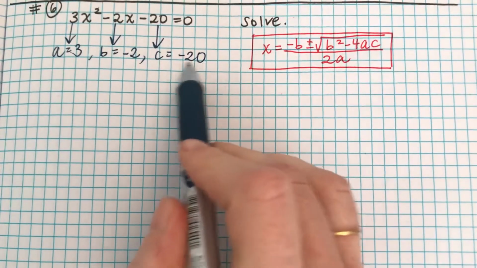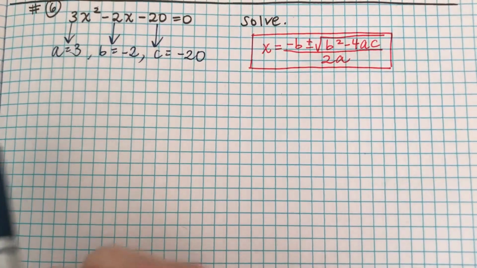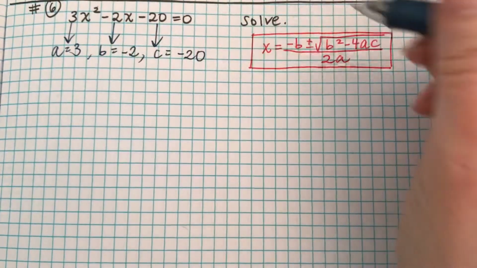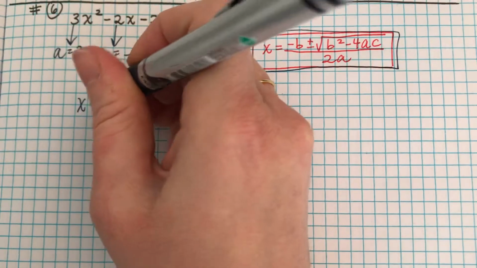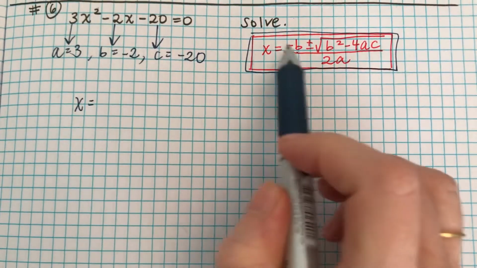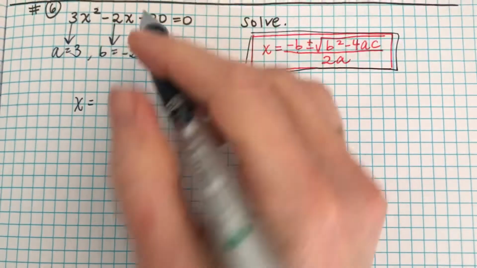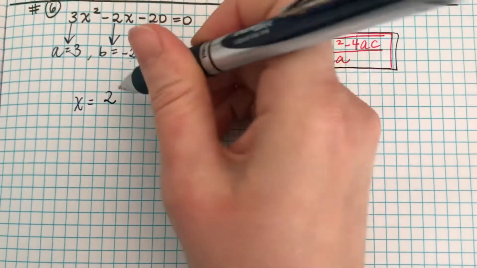All right, this one becomes a little bit more complex. We have a little bit larger numbers and a value of a that is not 1, so it might just be a little bit trickier. We'll see. Plugging into our formula, we have x equals negative b. Remember, this means that the sign of b will flip. It always changes from what we have right here. So negative b becomes negative minus 2, a double negative, which becomes a plus 2.